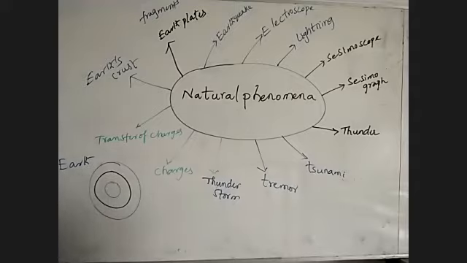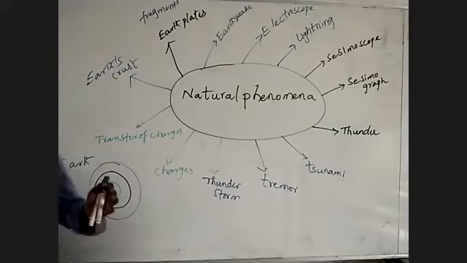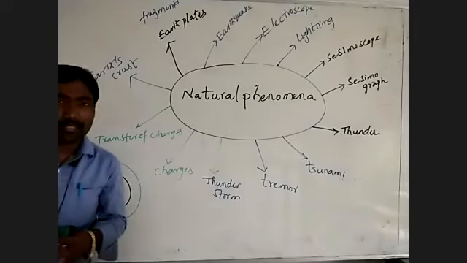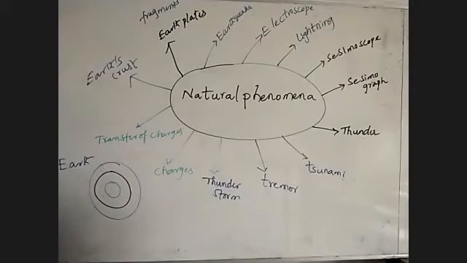See carefully. This is the earth crust. The outer surface of the solid state of the earth is classified into 3 types, meaning the solid state of the earth is divided into 3 layers. One is earth crust, earth mantle, and earth core.